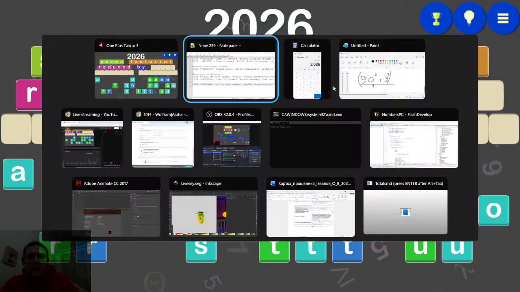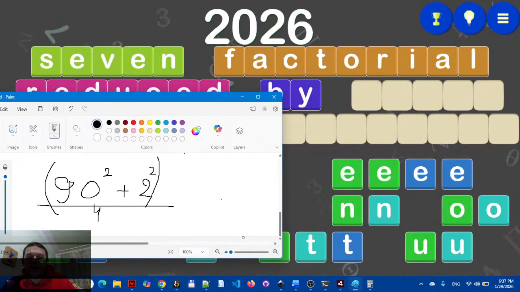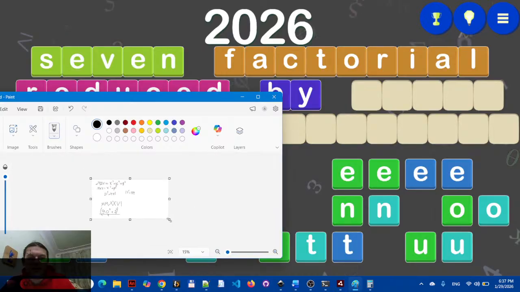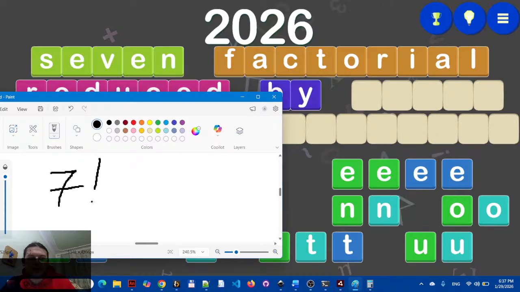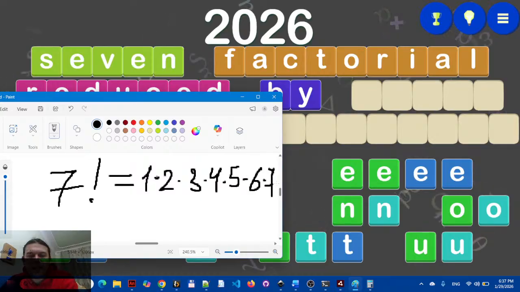What does it mean, 7 factorial? It is denoted by an exclamation mark. You can write 7 factorial, and it means all the numbers from 1 to 7 multiplied: 1 times 2 times 3 times 4 times 5 times 6 times 7.